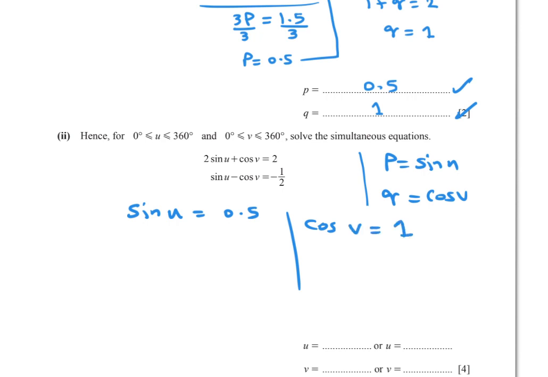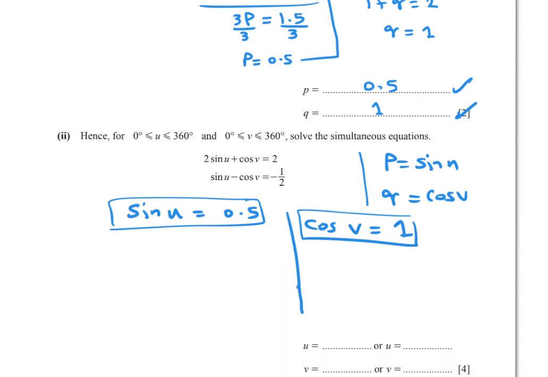So we need to solve sine u equals 0.5 and cosine v equals 1. If sine u equals 0.5, can we solve?